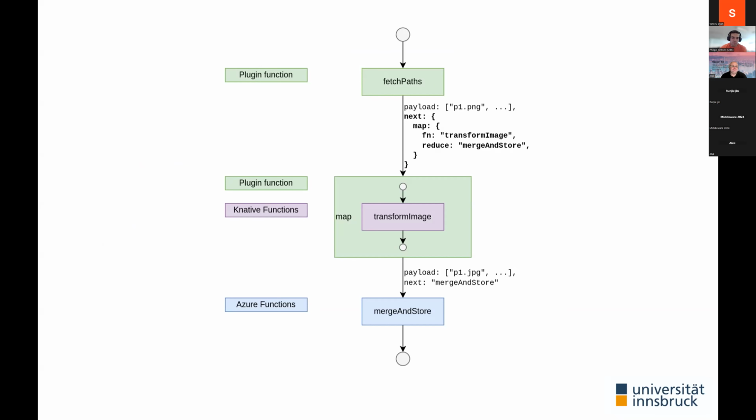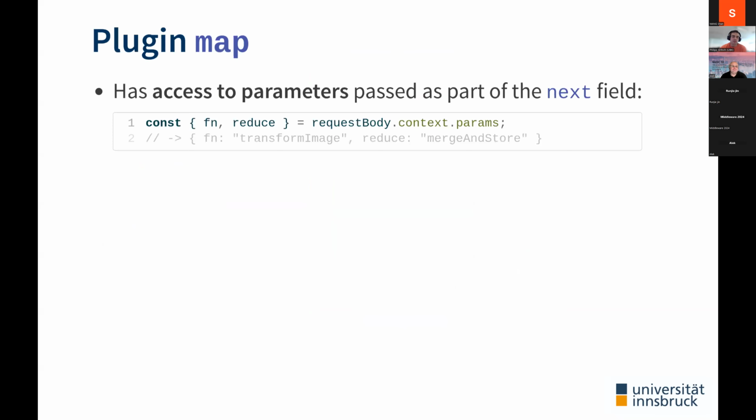How we code it is like this. Every developer who wants to build a custom control flow element such as map has access to the parameters passed as part of the next field, in this case transform image and merge and store.